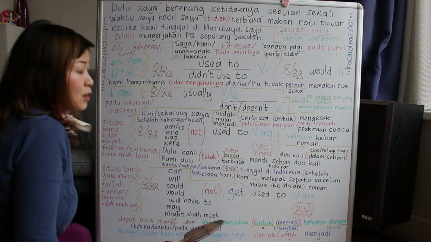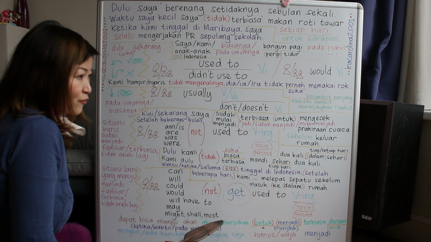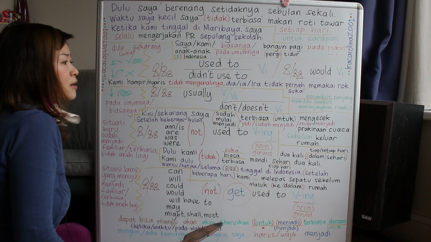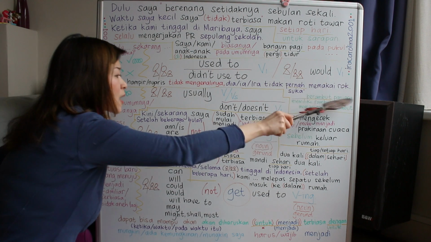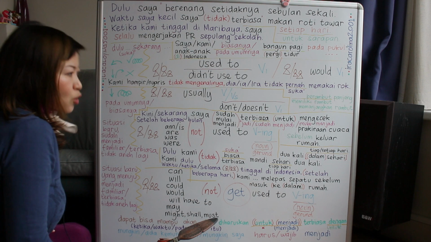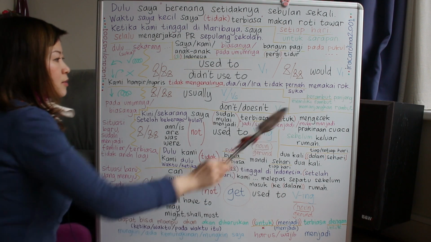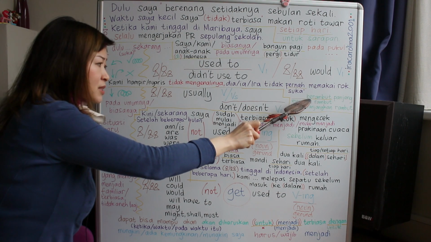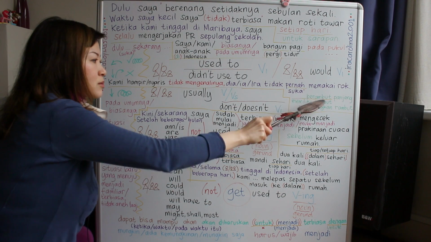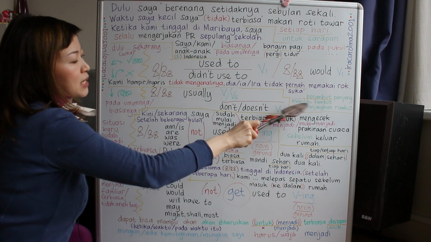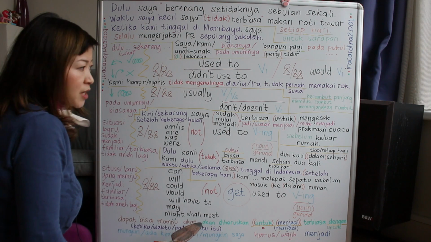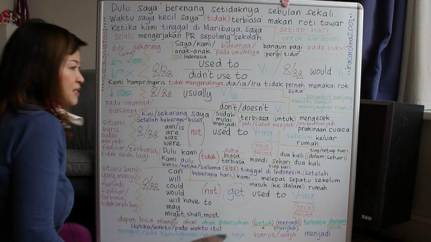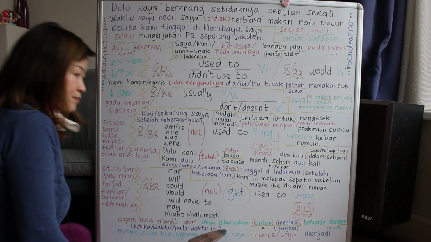Panjang, long. Have long hair, has long hair. Berambut panjang. Or we change the prefix ber into two words now: memiliki, having, rambut, hair, panjang, long.